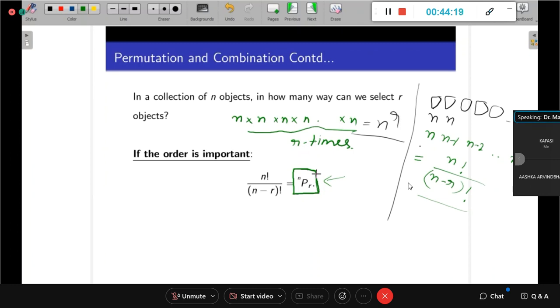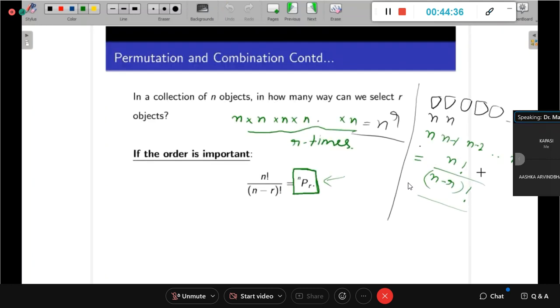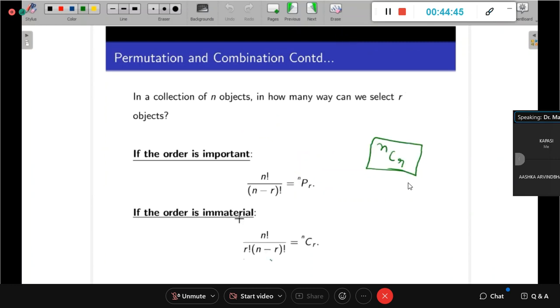Now if the order is immaterial, how many are alike there? Then r and n minus r. If you go back and check here, n minus r are alike and r are alike, you can match with that result. So this will generate the formula.